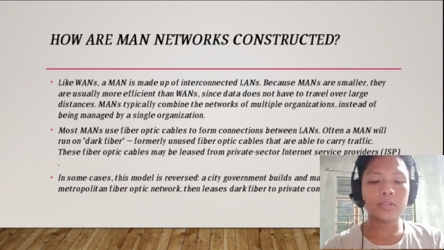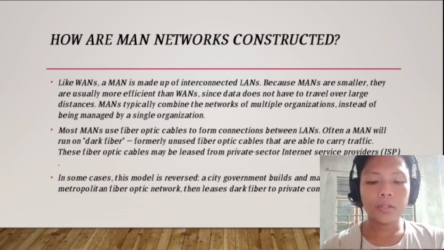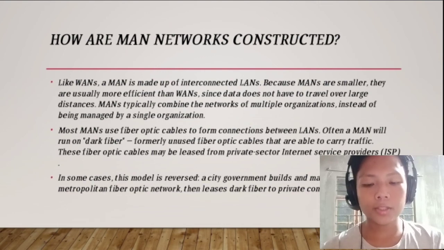Since data does not have to travel over large distances, MANs typically combine the networks of multiple organizations instead of being managed by a single organization.